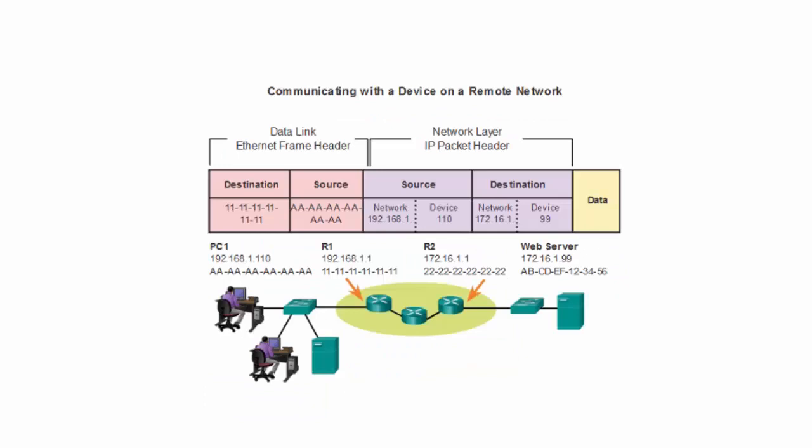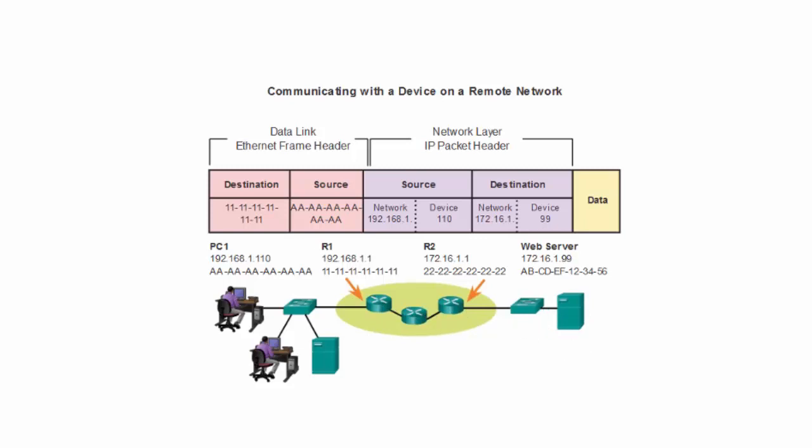So now, what are the roles of the network layer addresses? Network addresses define the IP addresses, which will then be used by these routers to route the information, or the packets, across the different networks until it reaches the web server.